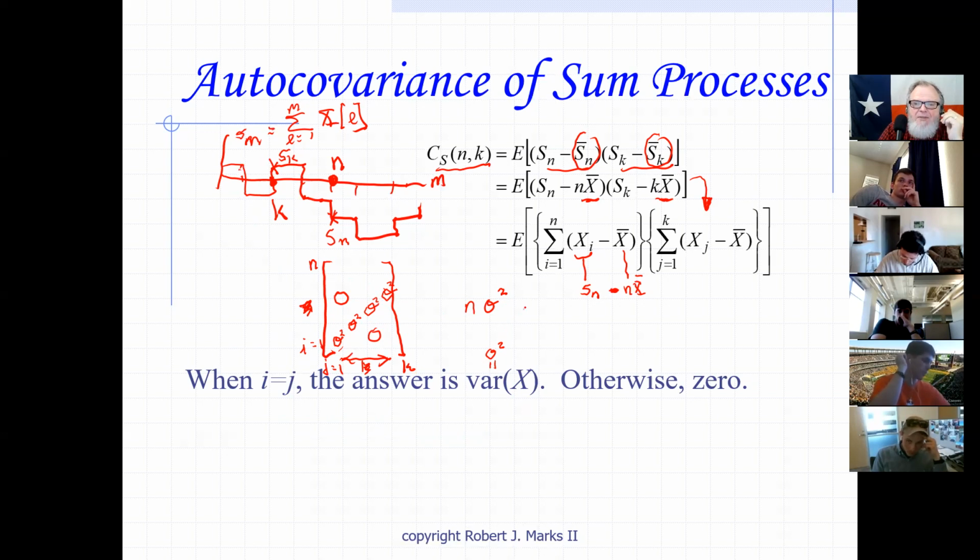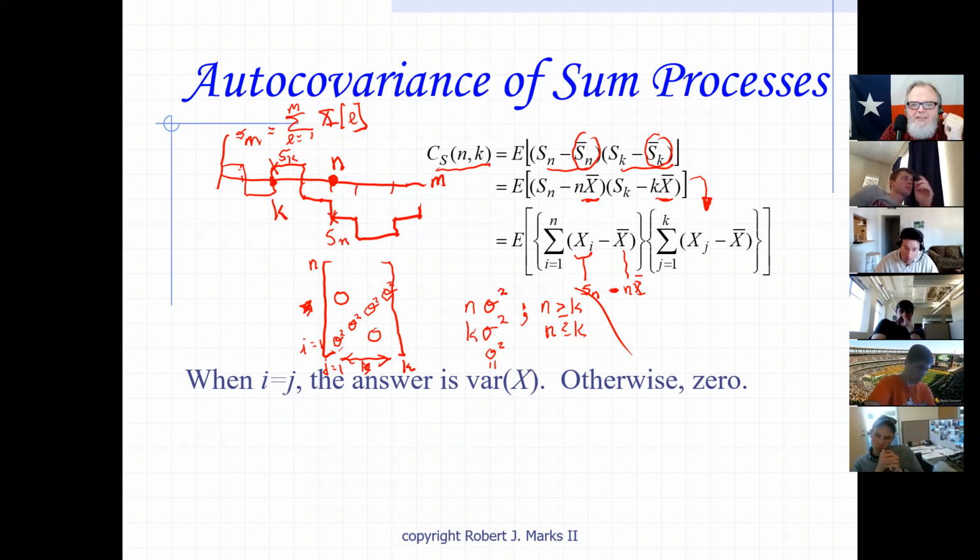Now, this is under the assumption that n is greater than k, correct? We're assuming that n is greater than k because we've drawn this matrix longwise this way. If on the other hand, n is less than or equal to k, then it's equal to k times sigma squared.